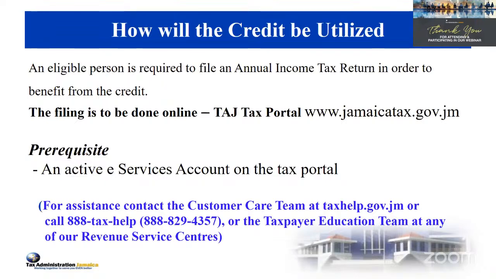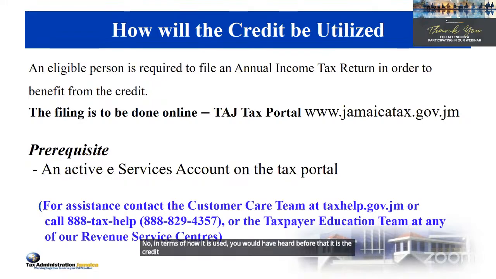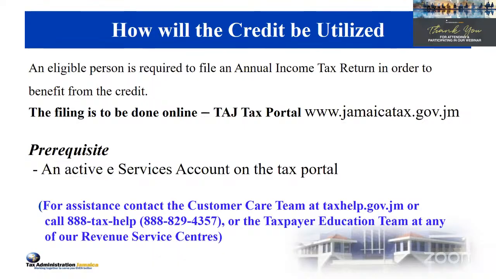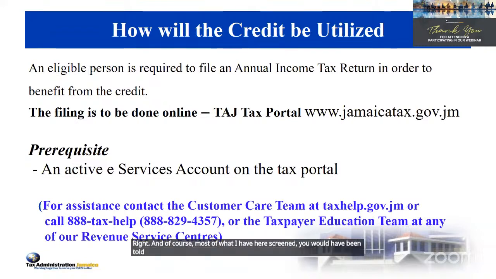Now, in terms of how it is used, you would have heard before that the credit is to be accounted for on a return, right? And of course, most of what I have here screened, you would have been told that it is to be claimed on a return. The return must be filed online, and you were told how to go about getting help to make that return online.